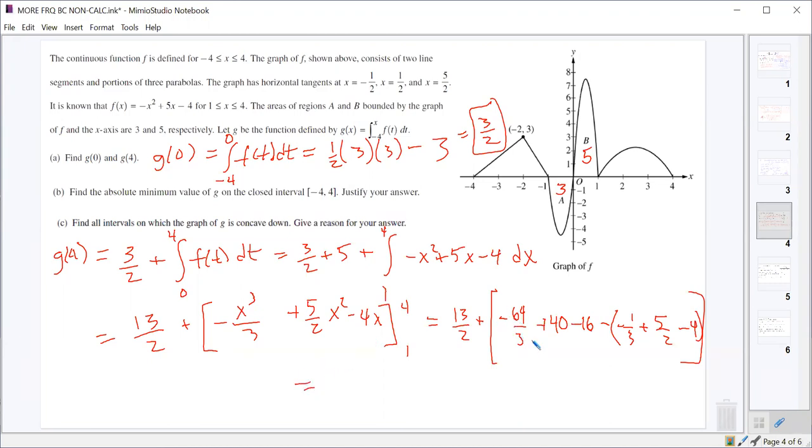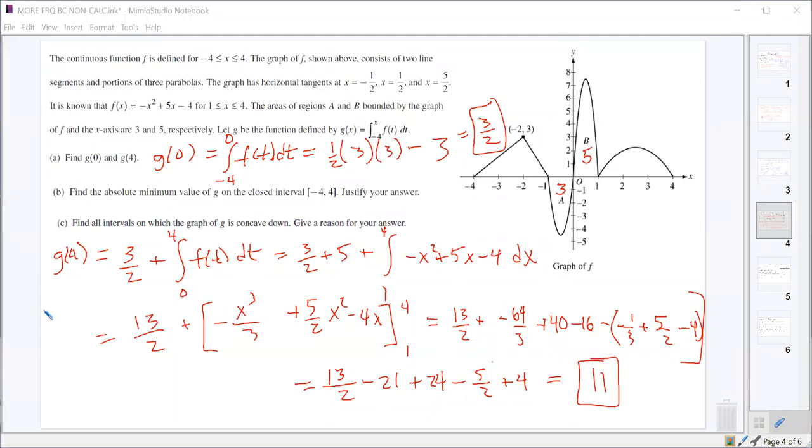We got negative 64/3 plus 1/3, so that ought to be negative 63/3. So that ought to be minus 21. Plus 40 minus 16 ought to be a plus 24. We got a minus 5/2, and we got a plus 4. Looks like that comes out to be what? That's 13/2 minus 5 is 8/2. That's 4. Plus another 4 is 8. 32 minus 21 ought to be 11.